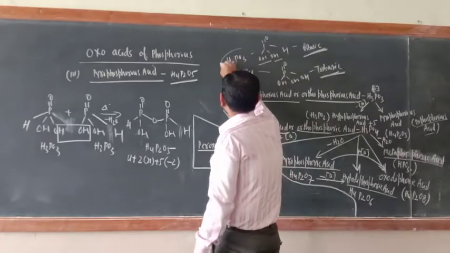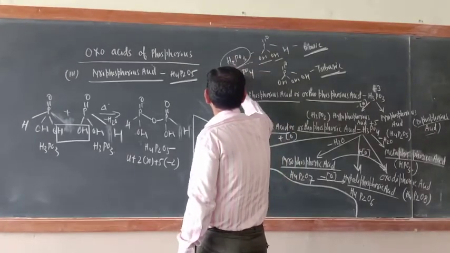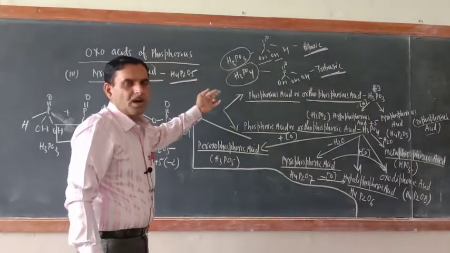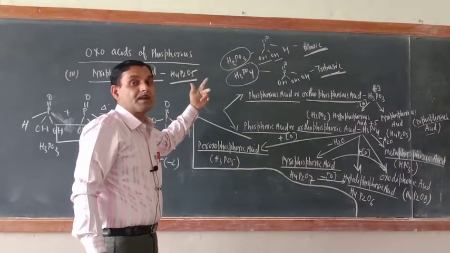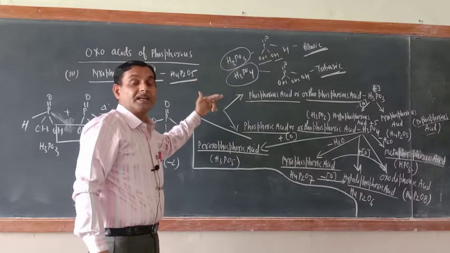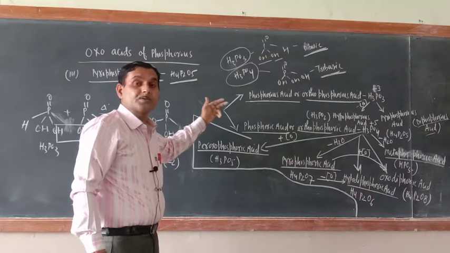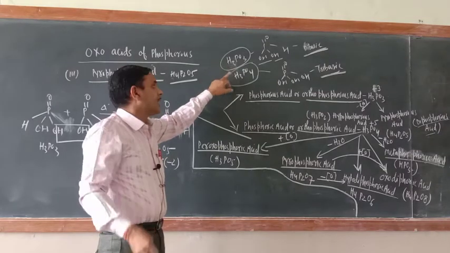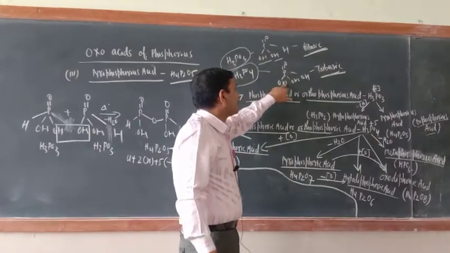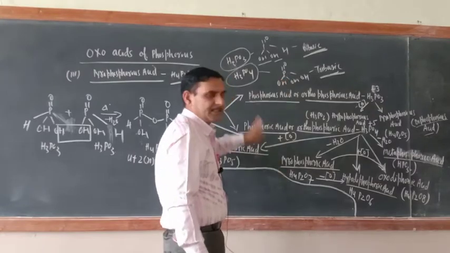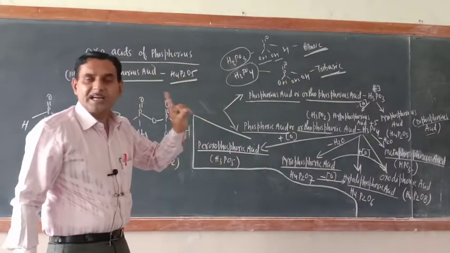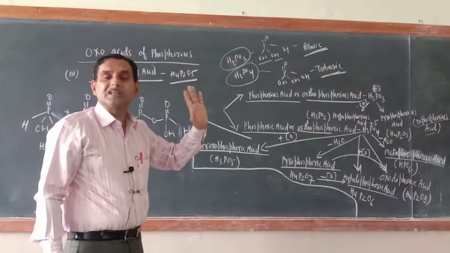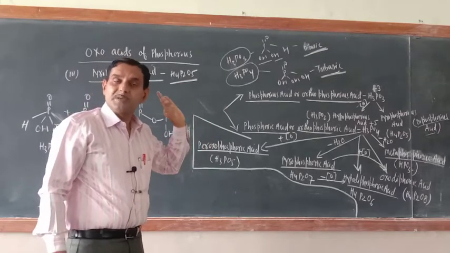Are you getting my point or not? So by seeing the molecular formula, it seems that they have the same number of replaceable hydrogens. But in the actual structure, the number of replaceable hydrogens in H3PO3 is 2 and in H3PO4 is 3. So never take a chance. First write their structure, then only decide their reducing character and their basicity.